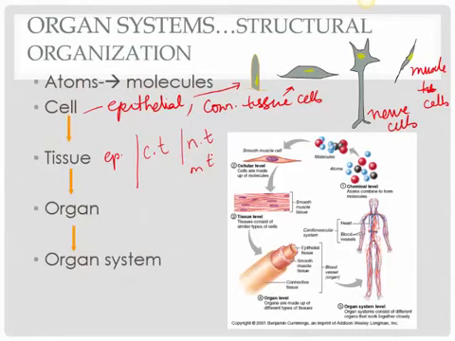Now, when different types of tissues get together, you get an organ. So an organ is made up of dissimilar tissues or tissues of different types. So for example, here it's showing you a blood vessel. In a blood vessel, you have the inner lining, which is made up of epithelial tissue.